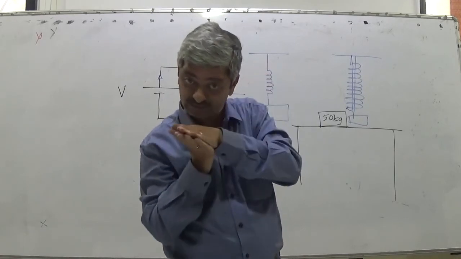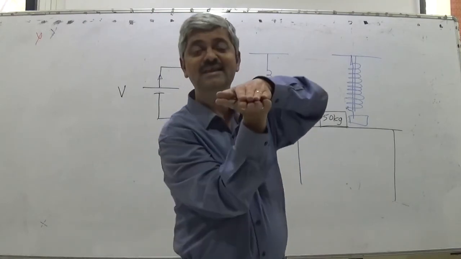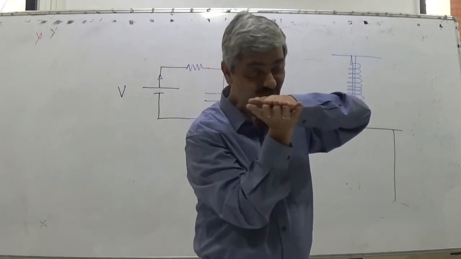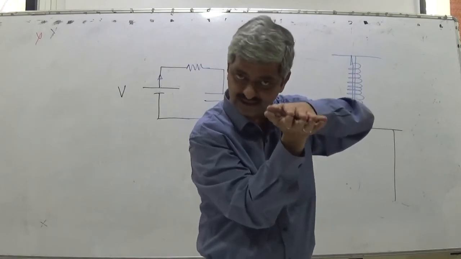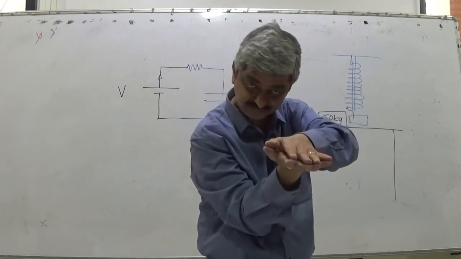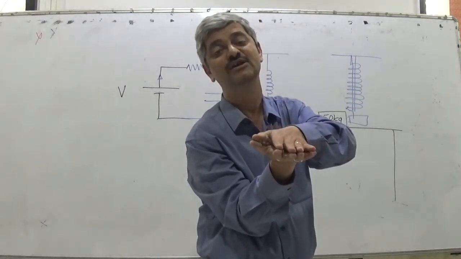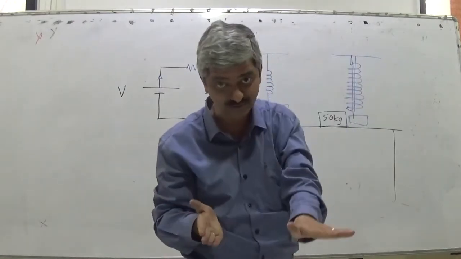So the work done by you in moving it up is not consumed, is not converted into any other form of energy like heat, but it is stored in the form of the compressed state of the spring. When you leave the hands, it will come down.